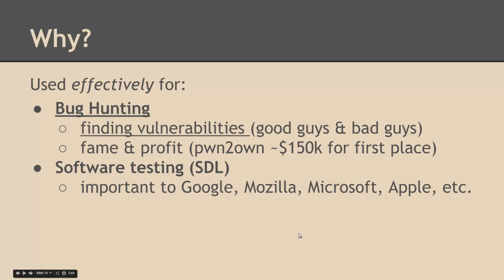Now, fuzzing is used very effectively for bug hunting, but also inside basically every major software organization and company in their software testing and their secure development lifecycle. This is important to Google, Microsoft, Apple, Mozilla, all the top corporations that put out browsers, operating systems, virtual machines.